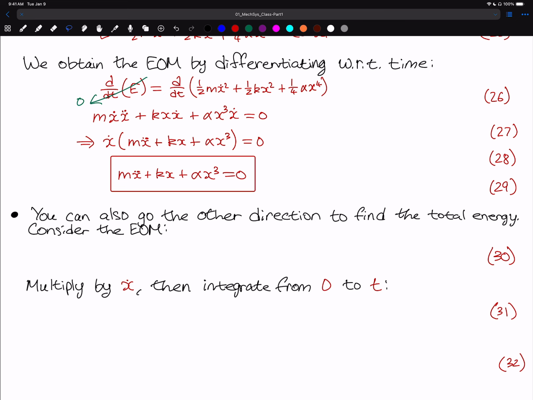You can also go the other way to find the total energy. In fact, if you have the equation of motion, you can go the other way for both single and multi-degree of freedom systems, and it doesn't have to be conservative either.